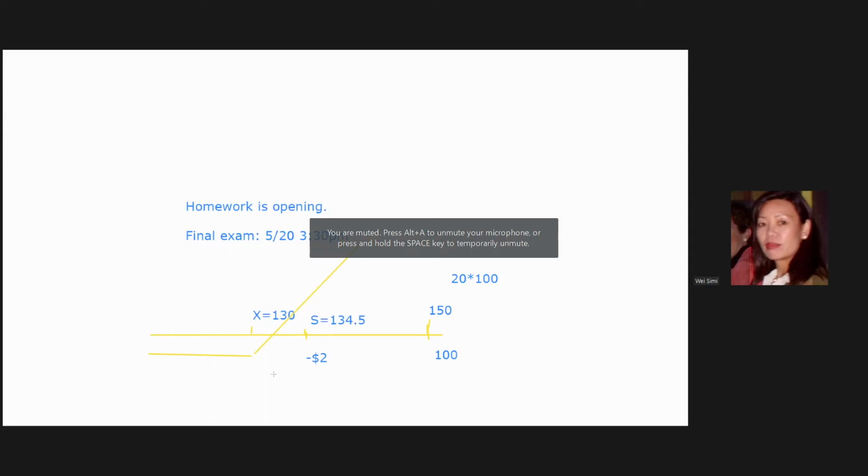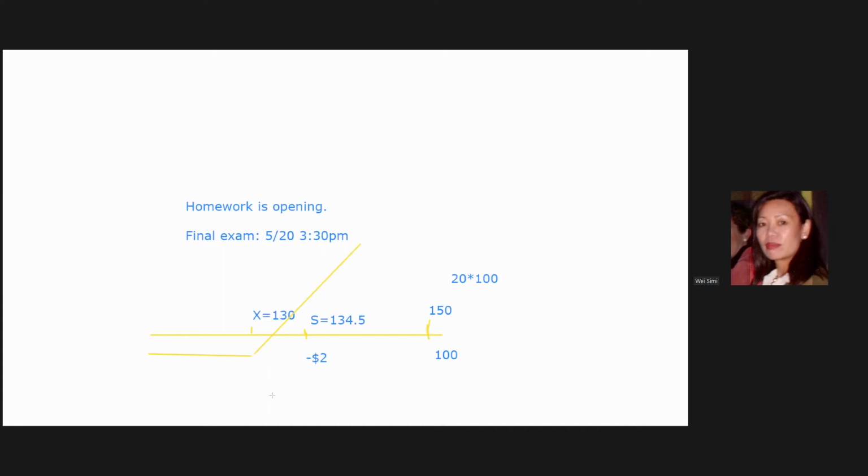Since I'm drawing here, I want to see how many of you follow me. This is the strike. I want to ask you, you pay $2 to buy it. Do you know what your break-even point is? You buy this call and pay $2 per share. Break-even means when it starts going up to which price? 132, thank you, very good. It's very important because it's in the exam.